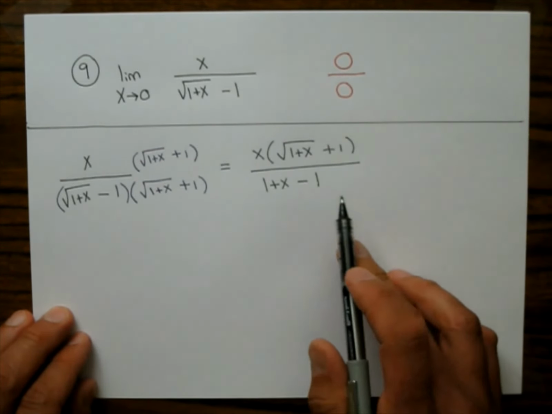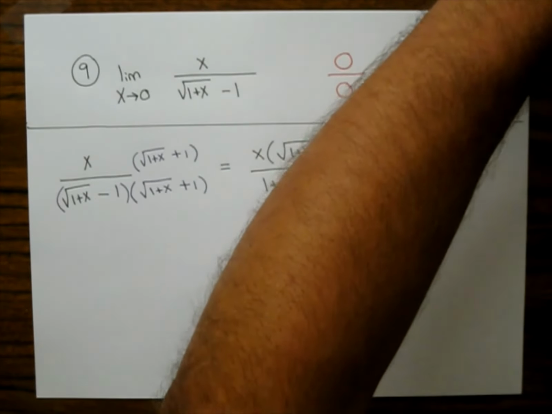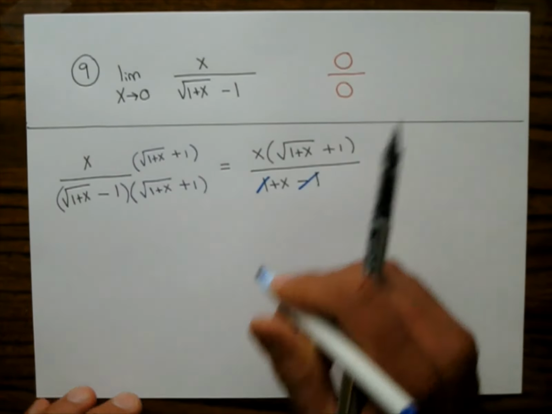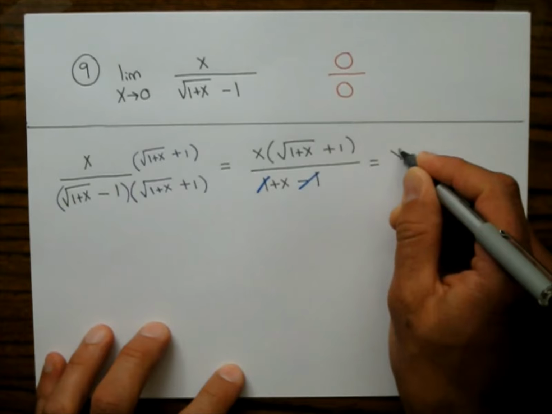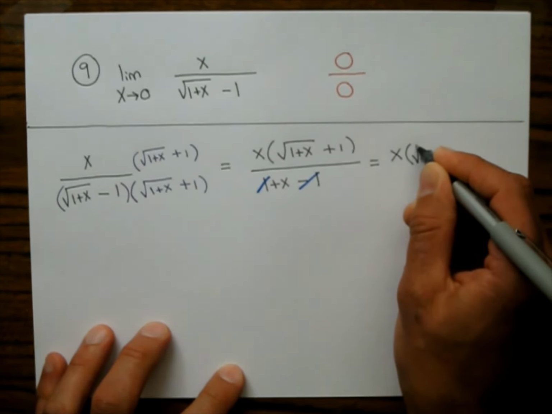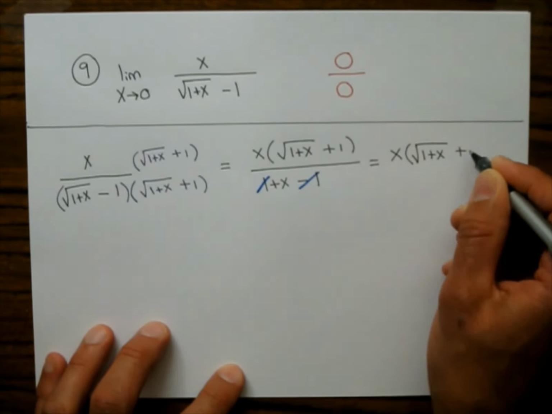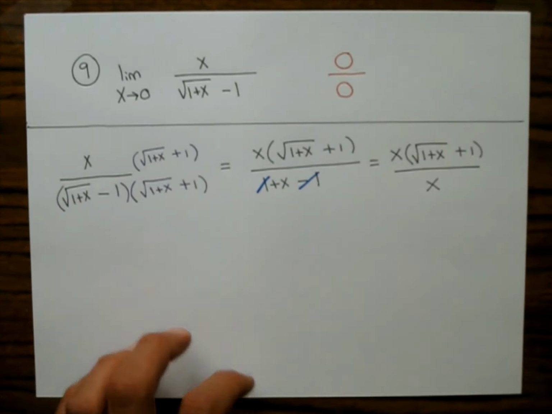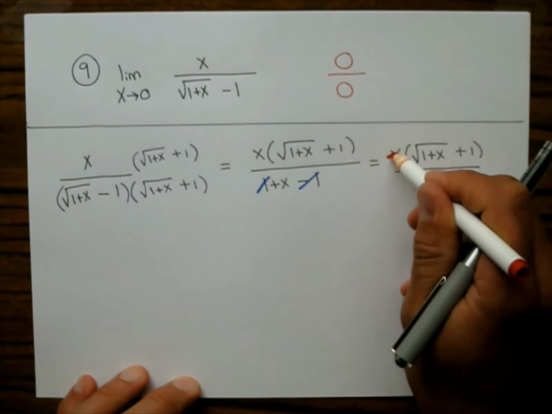Okay. Now, look at the bottom. Look what we can do on the bottom. We can get rid of the 1 and the minus 1, and you just have an x. So it looks like this. X times the square root of 1 plus x plus 1. This is all over x. So, looks like we can cancel the x's.